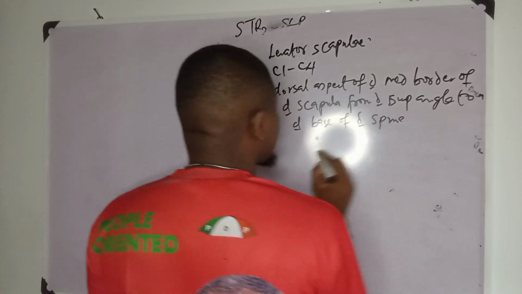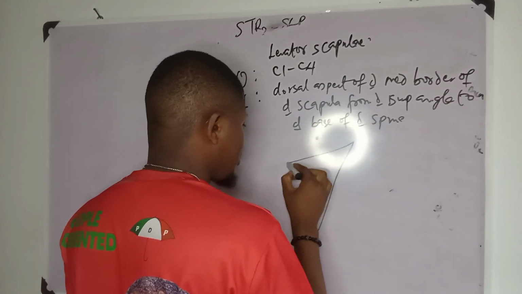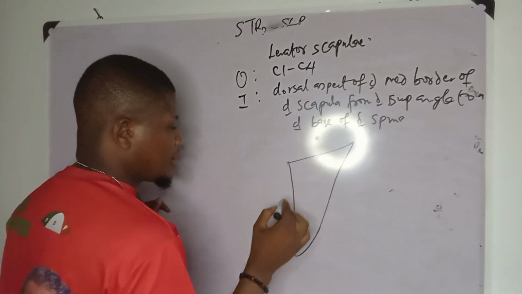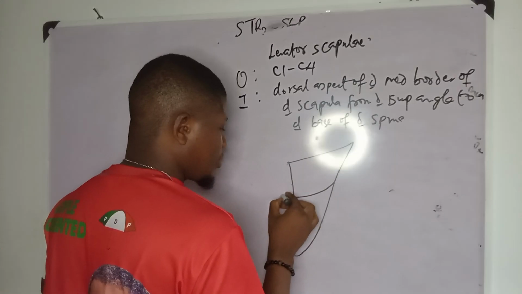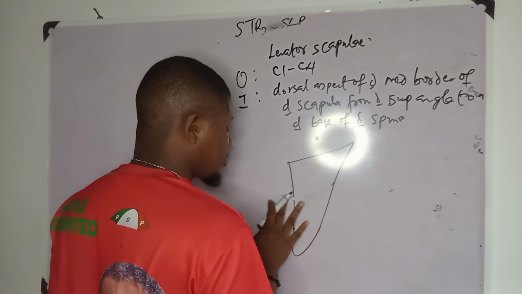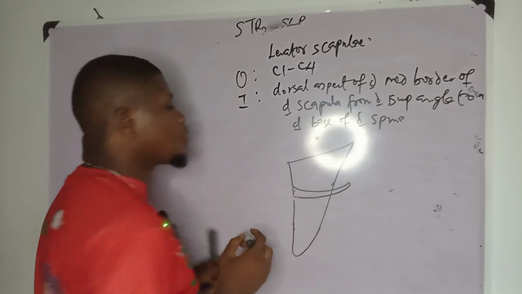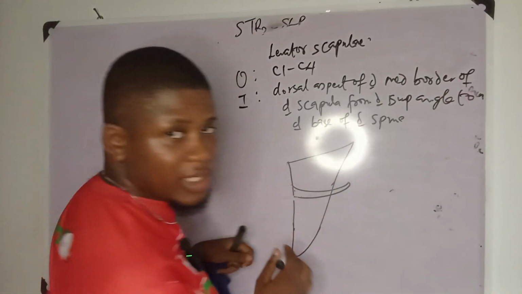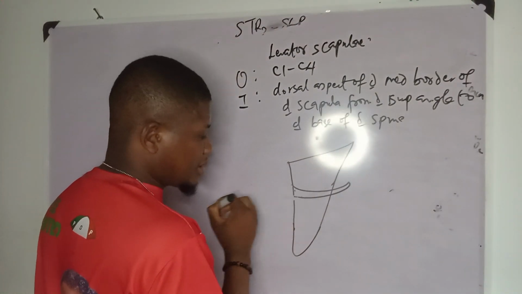Look at this, let's say for example, this is a scapula. How to know the back of the scapula is this spinous process that projects from it. So you see that what?